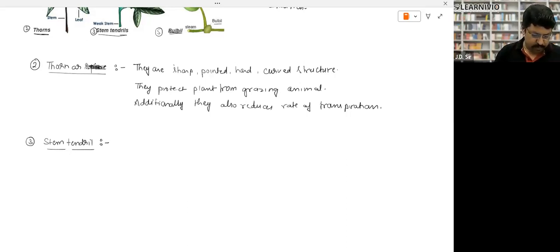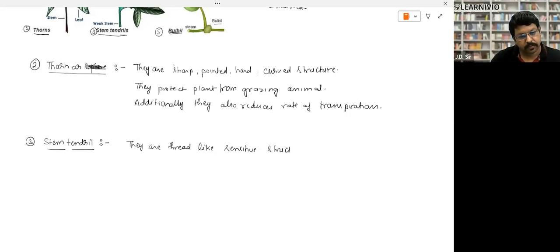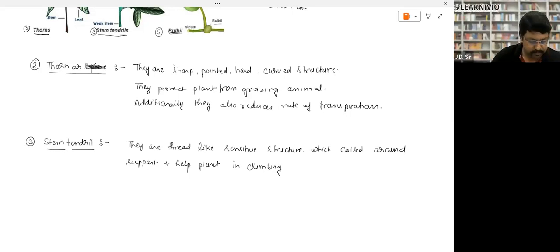They are thread-like, sensitive structures which coil around a support and help the plant in climbing. Right?